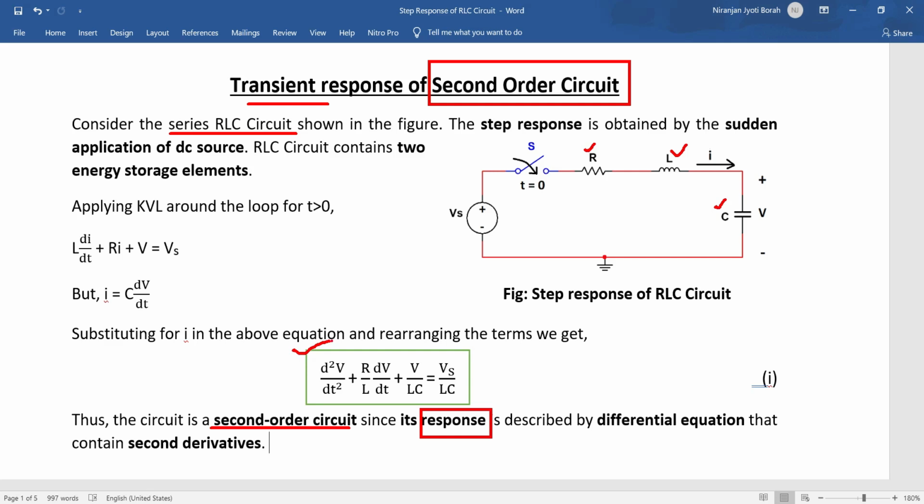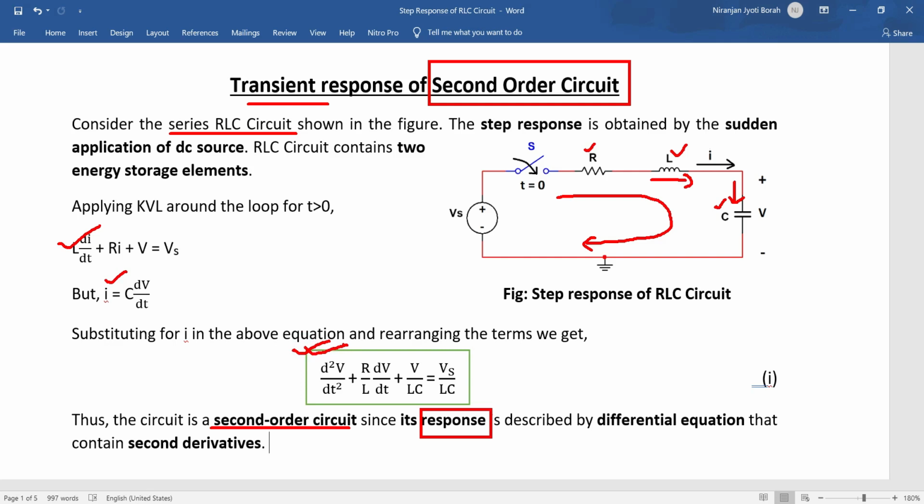This is also evident from the fact that if I take KVL around the loop, we will get this equation, and by substituting the value for loop current, which is also equal to the current flowing through L and C, and rearranging the terms, we will get a differential equation of second order.